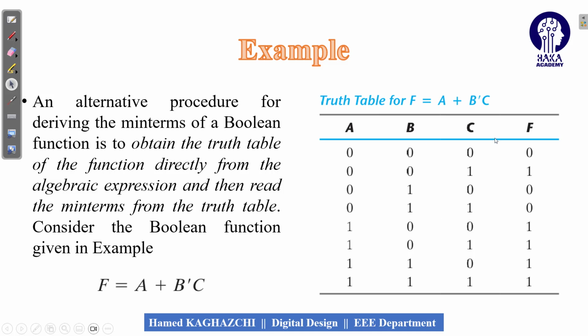We say that if I could draw the truth table of this function, I can say that everywhere I have 1, I can write the minterms. And everywhere I have 0, I can write the maxterm. Easily using this concept, without adding the missing variables, we can write the function in the form of the sum of minterm or product of maxterm.